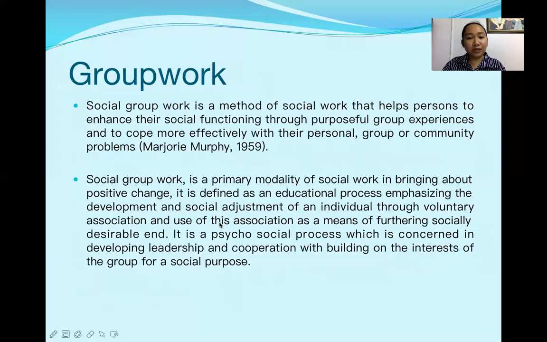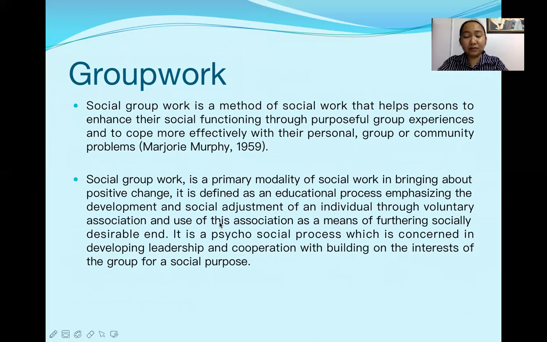Meanwhile, when we say group work, it is a method of social work that helps persons to enhance their social functioning through purposeful group experiences, because the type of experiences that we are providing are well thought of. So they are not just intended to be given in any way that we prefer, but there is a conscious process of determining what type of experiences will be given.